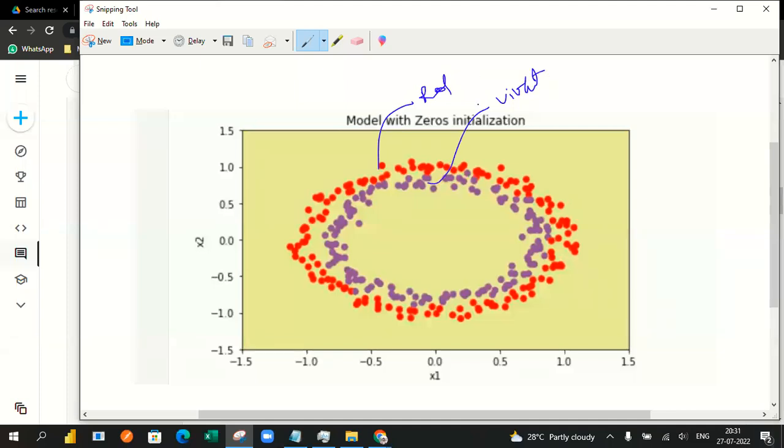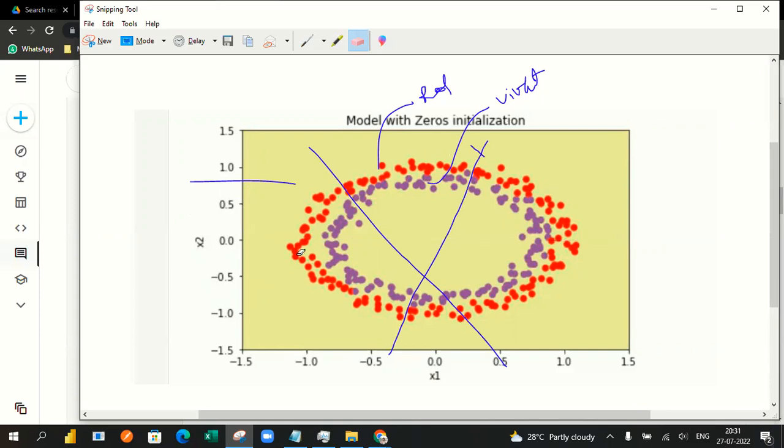So I have these two different classes and I need to classify them. That means I need to separate these two sets of points using a hyperplane. How am I going to do it? If I draw like this, it will not separate. If I draw like this, it may not separate. If I draw in the middle, maybe, not like this, right?